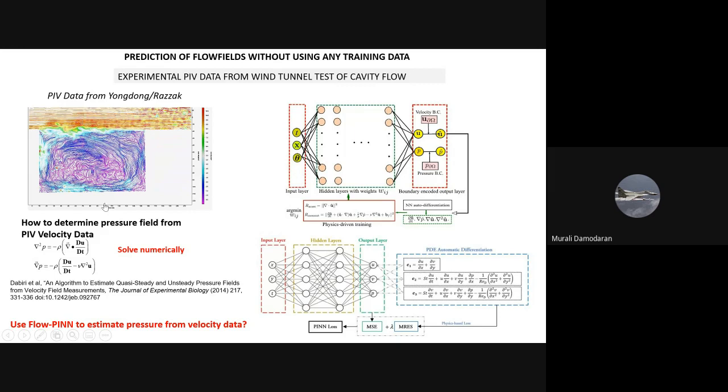You can put a grid there, and the PIV has a lot of velocity information. So you can actually solve either of these equations numerically, details you can see in this. Or you can use a flow PIN to estimate the pressure.